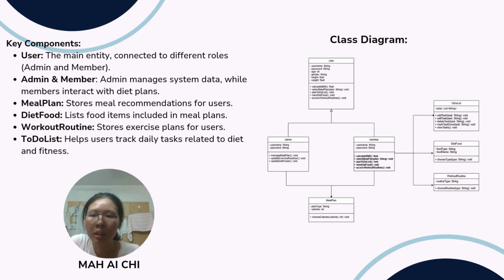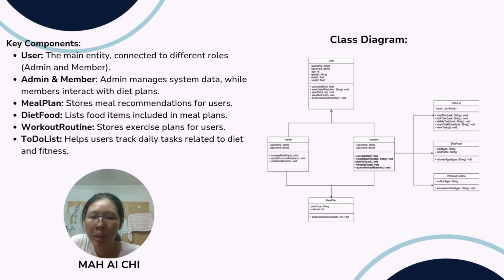Next, this is the diet planning management system ERD diagram. Key components: user, the main entity connected to different roles, admin and member.